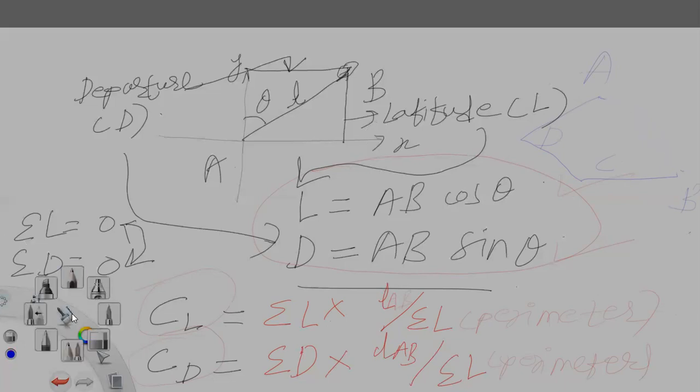You will separately find the latitude and departure for the sides of this ABCD traverse. You make the summation of all the latitudes, and after that you apply this formula: summation of latitude multiplied by the length of each side, divided by the summation of the perimeter. Perimeter means AB plus BC plus CD plus DA, the addition of all the sides.